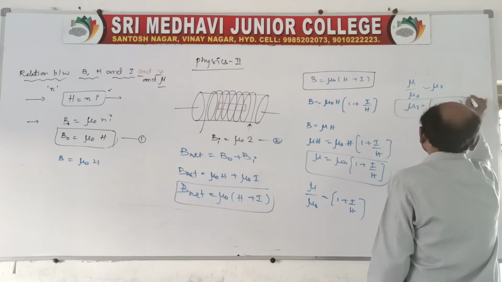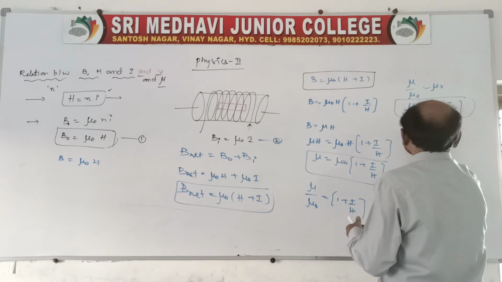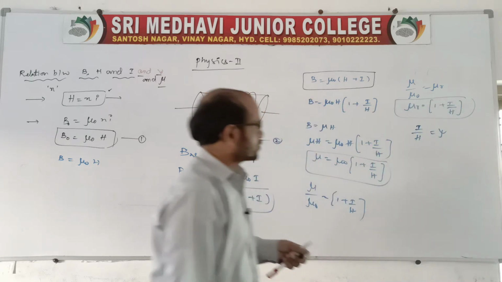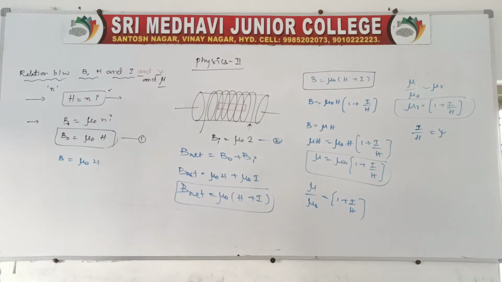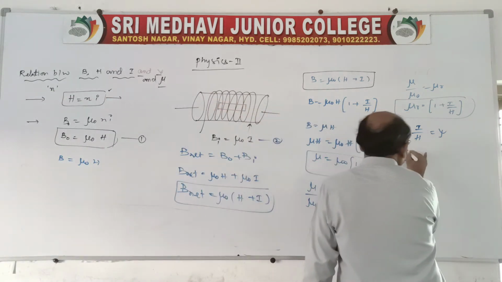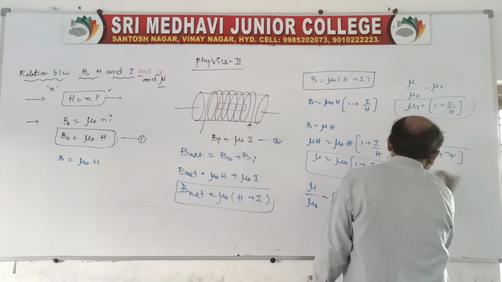It is one more relation. Also we know I by H is nothing but Xi, because the ratio of intensity of magnetization to intensity of magnetizing field is Xi. So mu r is equal to 1 plus Xi. This is one more relation.